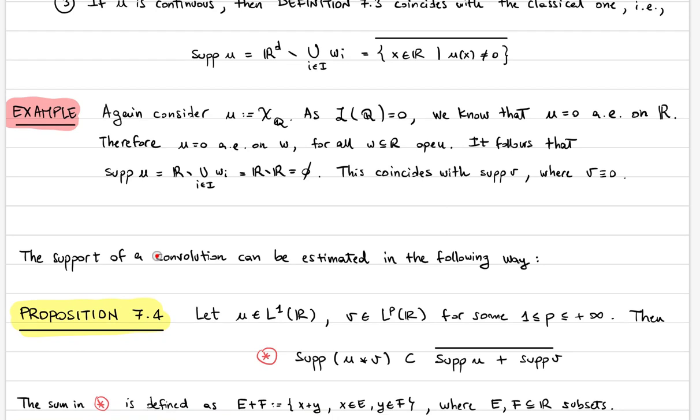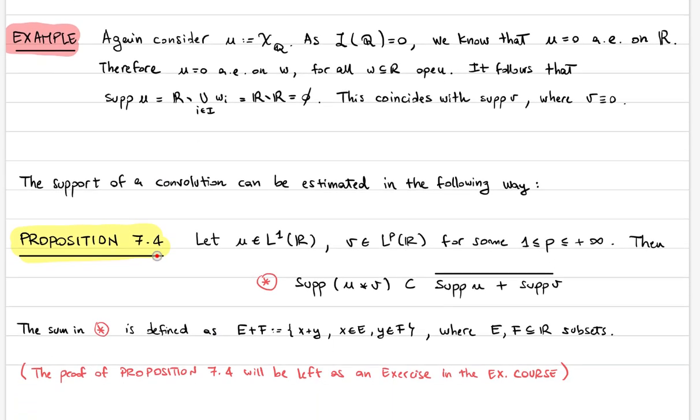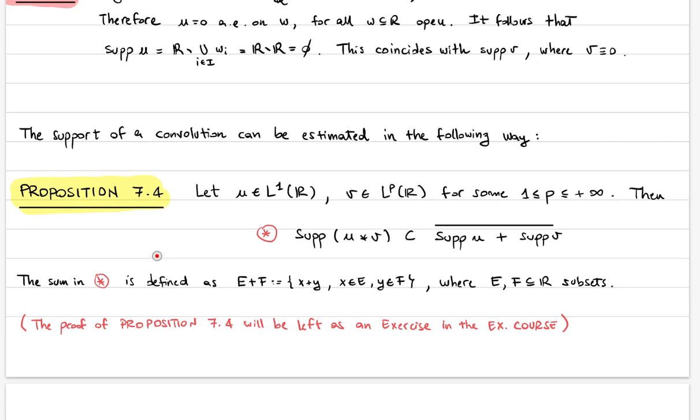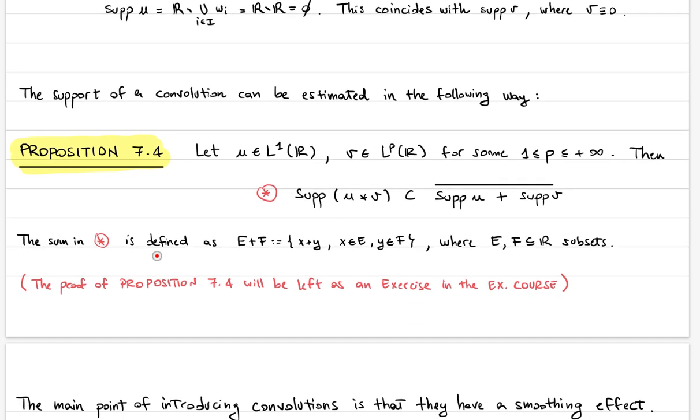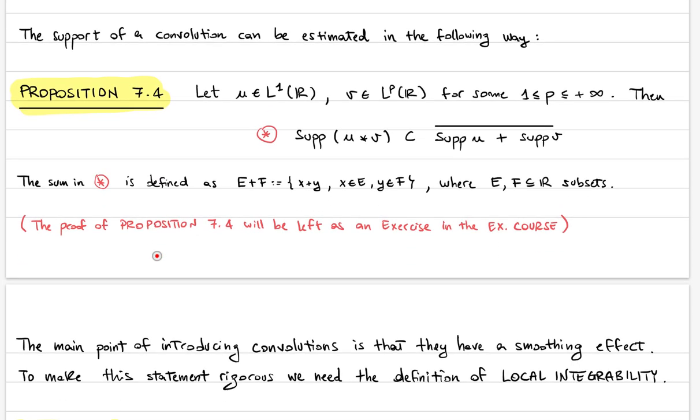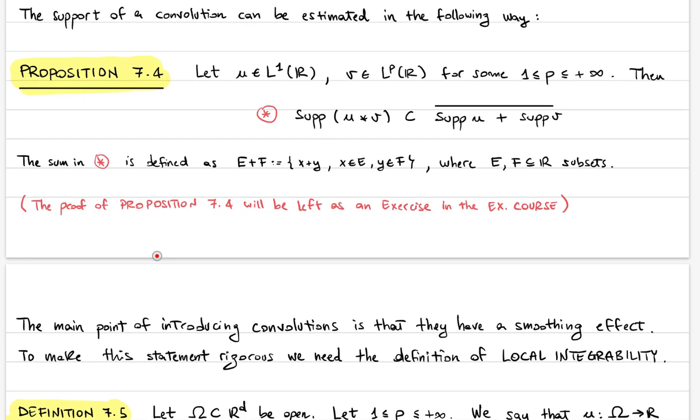Okay. So we define the support because in the future, for technical tasks, it will be very useful to estimate the support of a convolution, and the estimate can be achieved as in the following proposition.